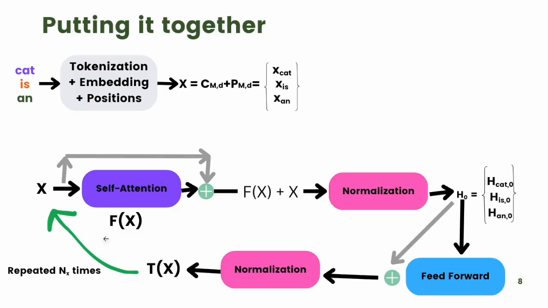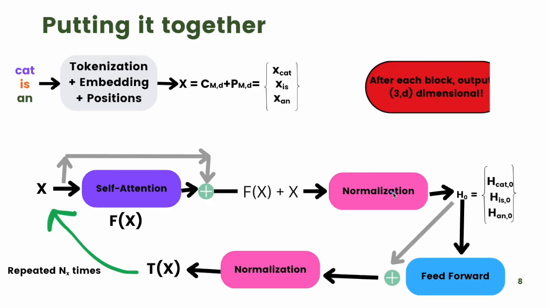One crucial thing to note is that the dimension of the output resulting from each of these layers is always 3 cross d. So 3 is the number of words we had in the input sequence, and d is the dimension of the embedding space. So all of these matrices, X plus f of X, this is 3 cross d, same with H0, same after feed forward.